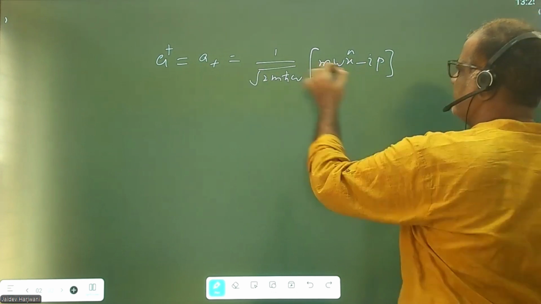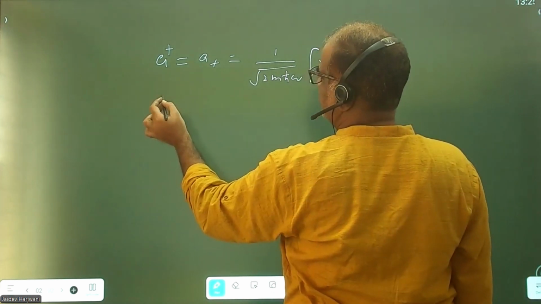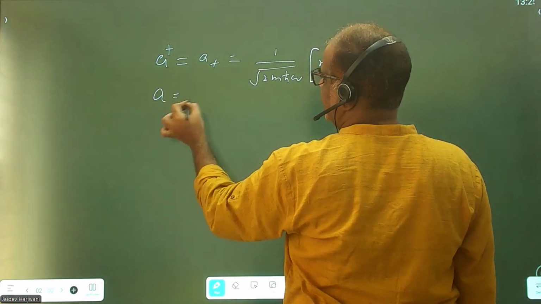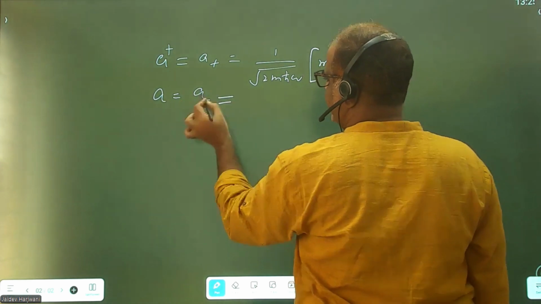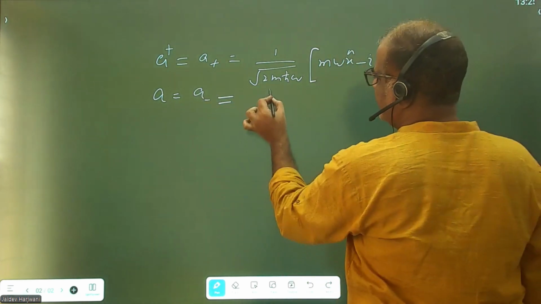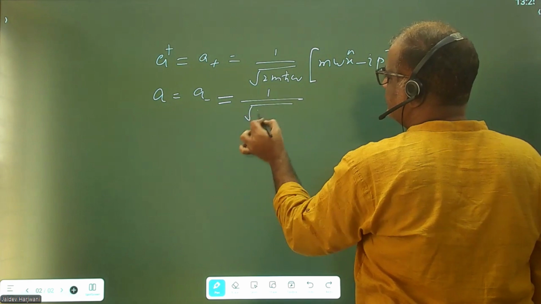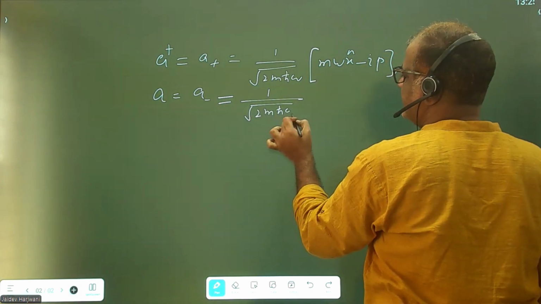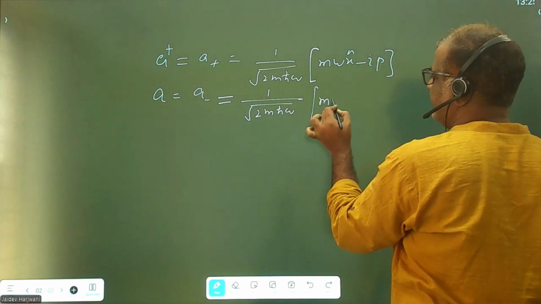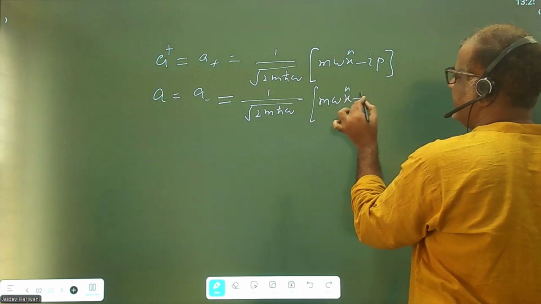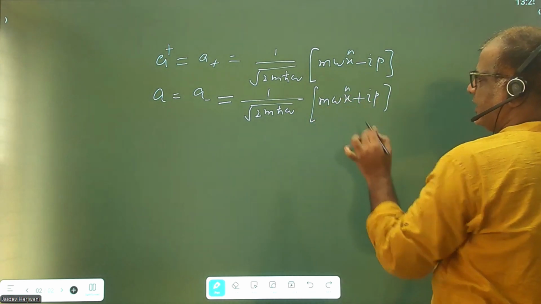If plus is there, then minus will come. And the second is called the annihilation operator a, which is 1 over square root of 2m h cut omega times (m omega x plus iota p). The meaning will be clear soon.